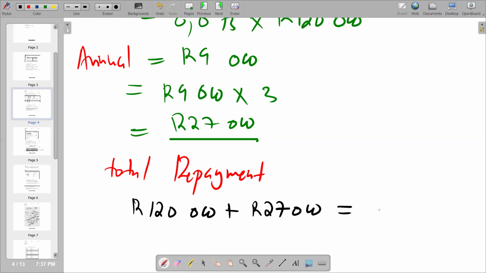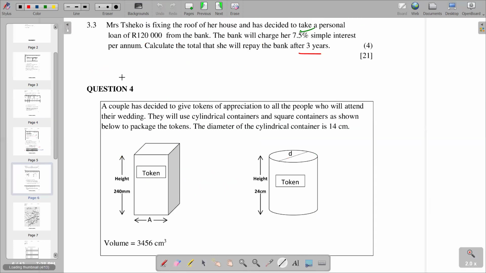Then you are going to get your 147,000. So basically, this is what we have on the last question that we have on 3.3, and of course, we still have to go to our next question.